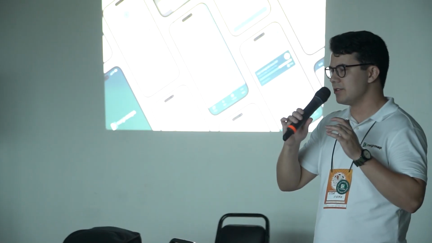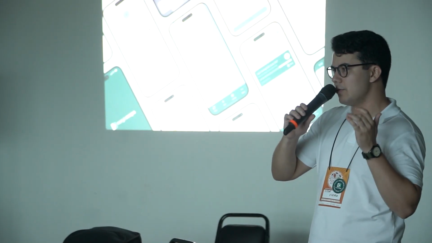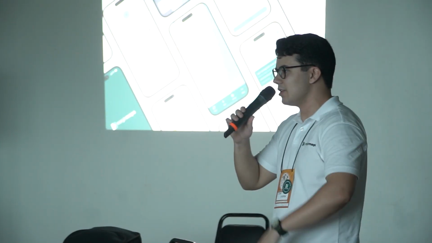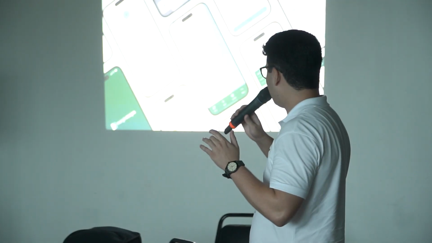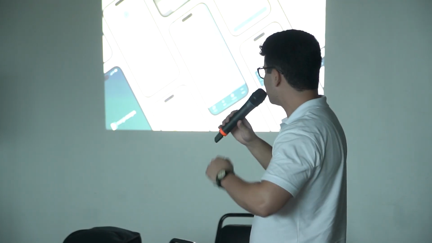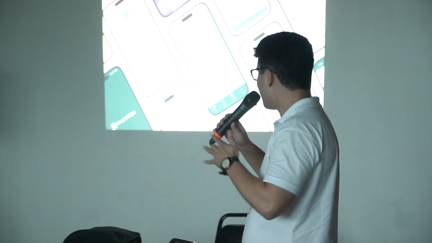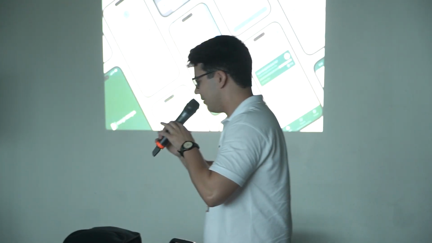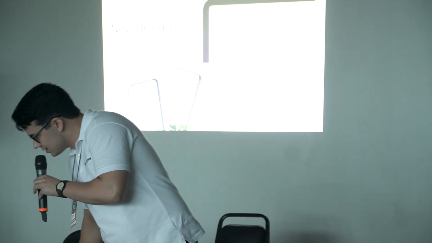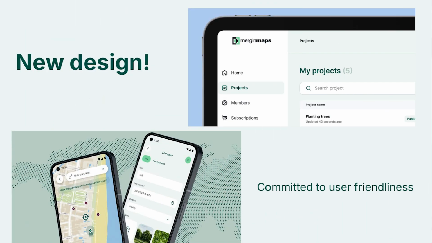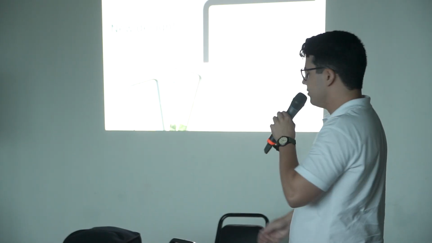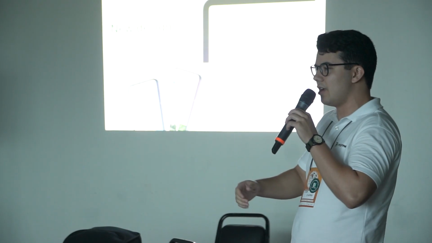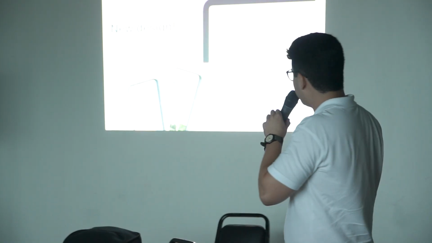Before, our product was split between Mergin, which was the web server, and Input, which was the mobile app. And now all of it came together as Mergin Maps, and this redesign was the end of it, because now everything has the same design. During this redesign process, we tried to stick to user friendliness and the concept of no training needed for using the app.